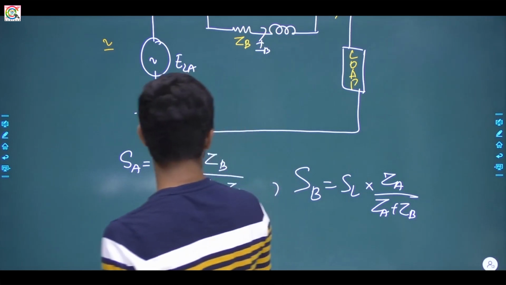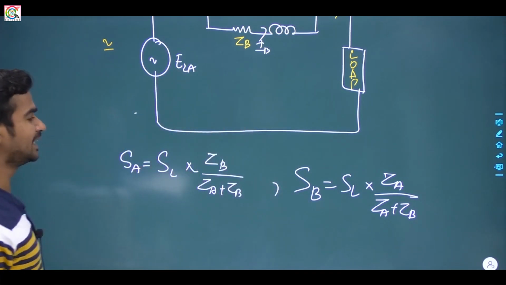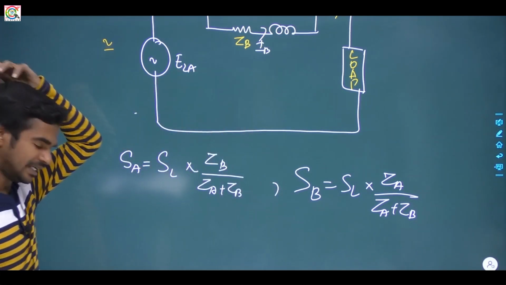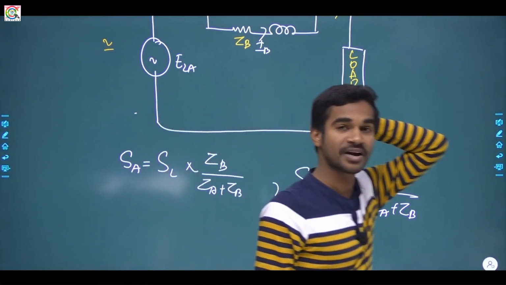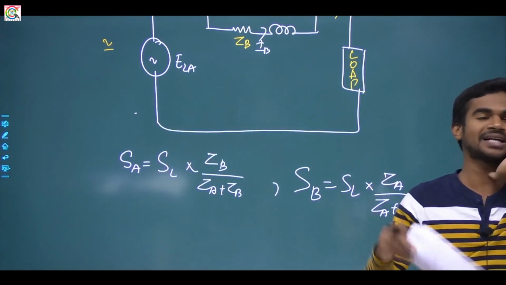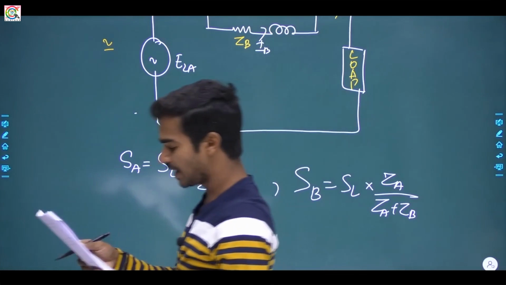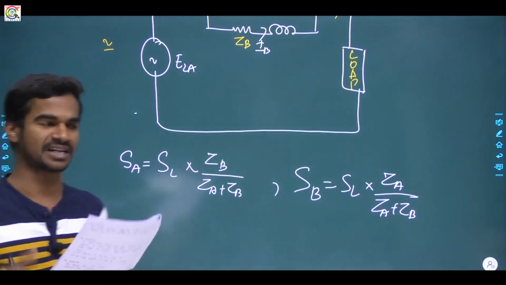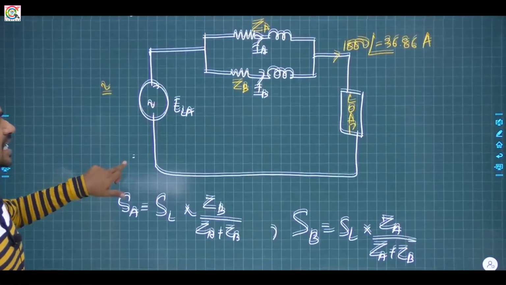Do you understand? This is the formula. But in this case, I am not interested in the kVA shared by the load. They have asked just the current supplied by each transformer, that is transformer A and transformer B.